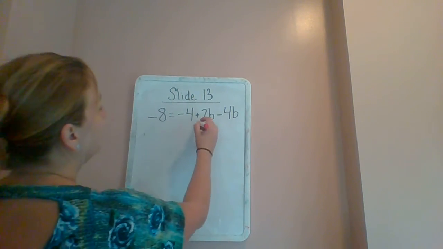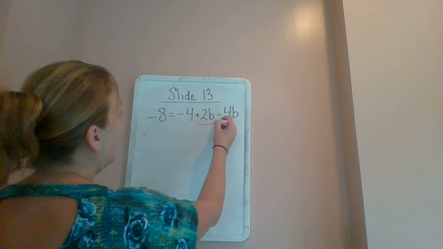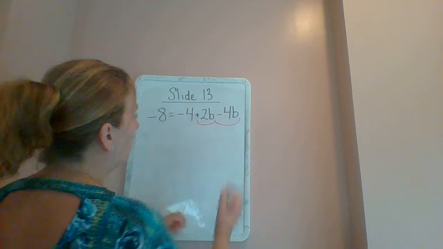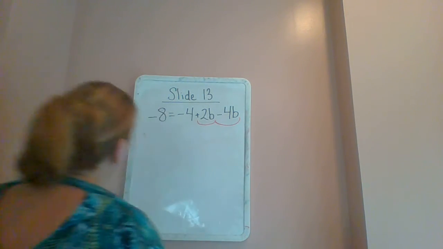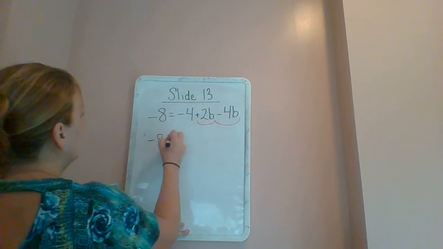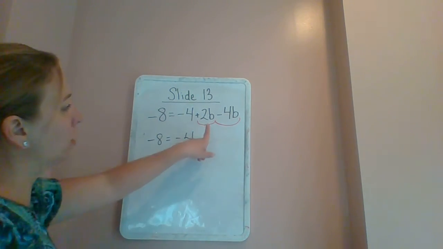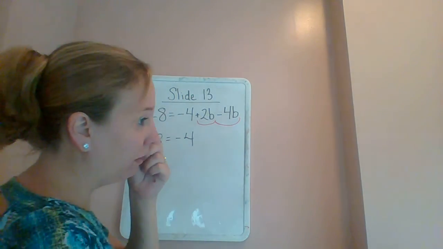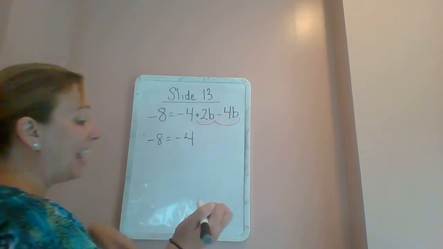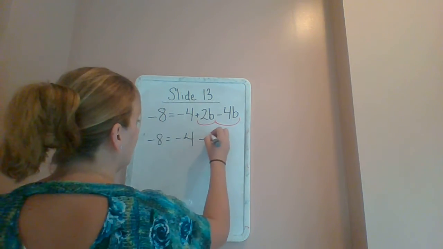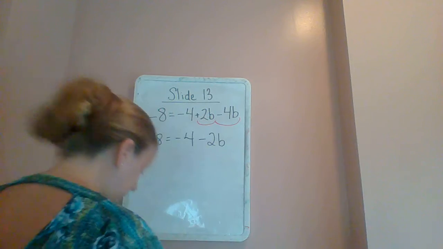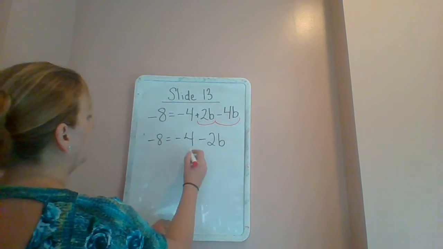So I have +2b and -4b. So this -8 comes down. Cool, there we go. 2b minus 4b is -2b. And this has got to go.